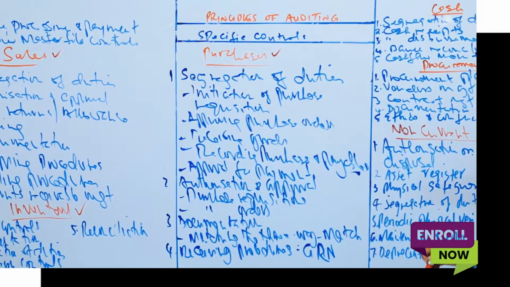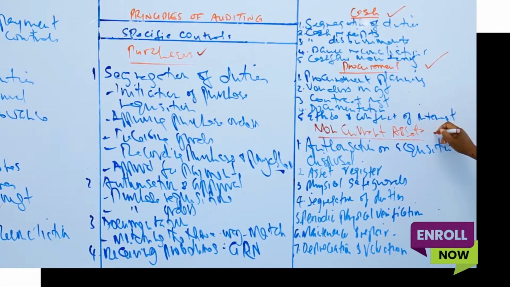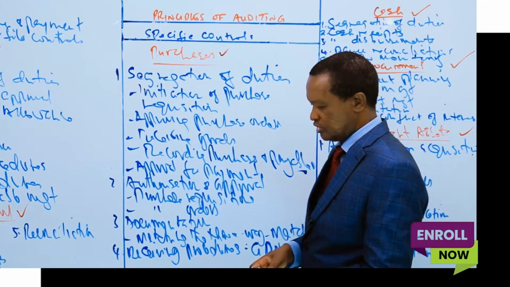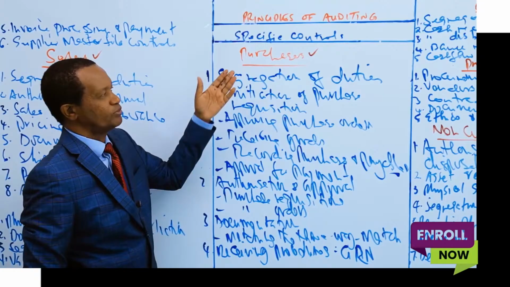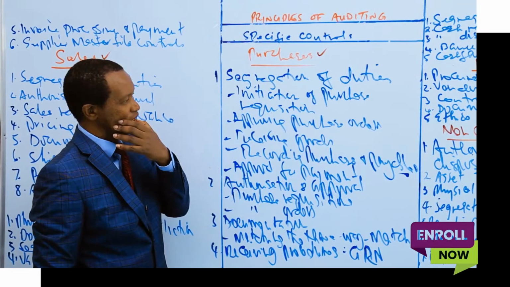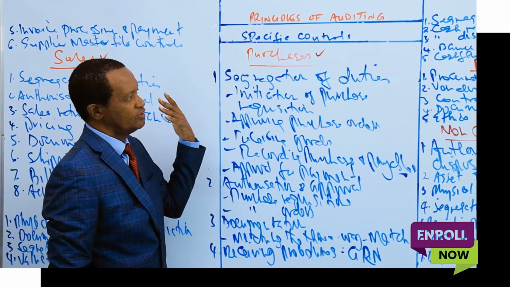Then number 4, procurement. Number 6, non-current assets. We've discussed in detail each aspect of this process. It is a cycle. We've highlighted specific controls. We've done the same for purchase, for sales, for cash, for procurement, for non-current assets.